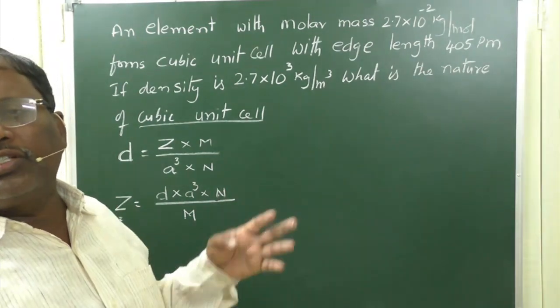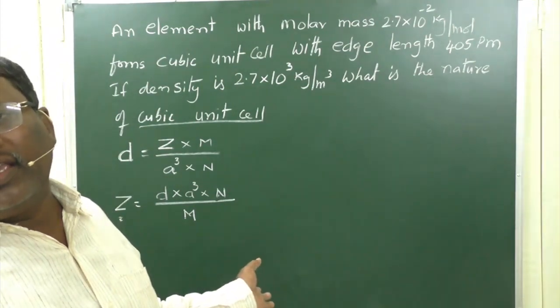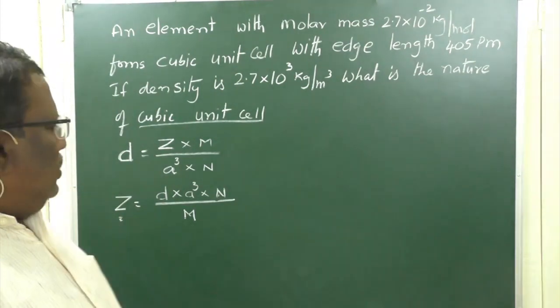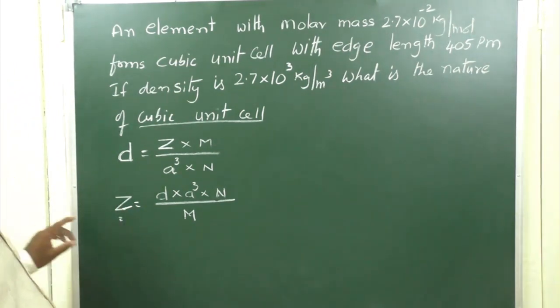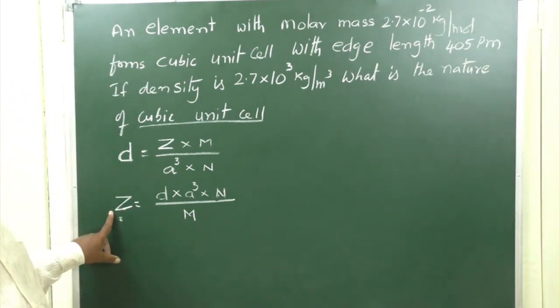If n value is 4, we can consider it as a face centered cube. So, the nature of the unit cell will depend upon the number of atoms present in it. This is the Z value. By this way you can calculate the type of unit cell.